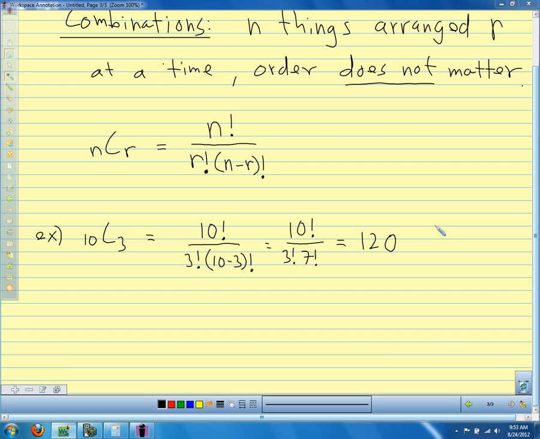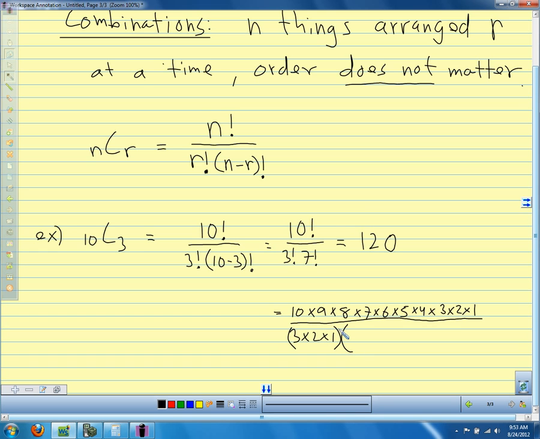Okay, so I'm going to write this out longhand. So 10 times 9 times 8, all the way down to 1. And I'm going to divide this by 3 times 2 times 1, and I'm going to put that in parentheses.